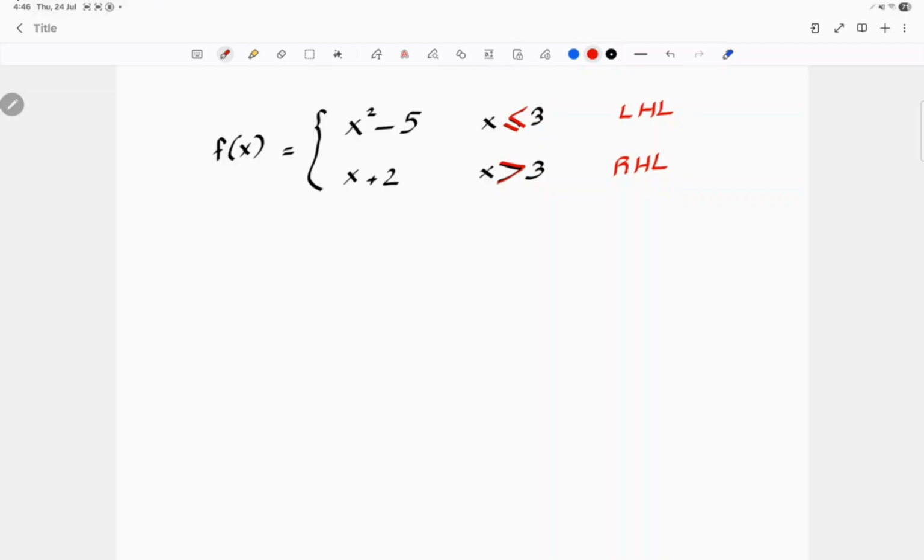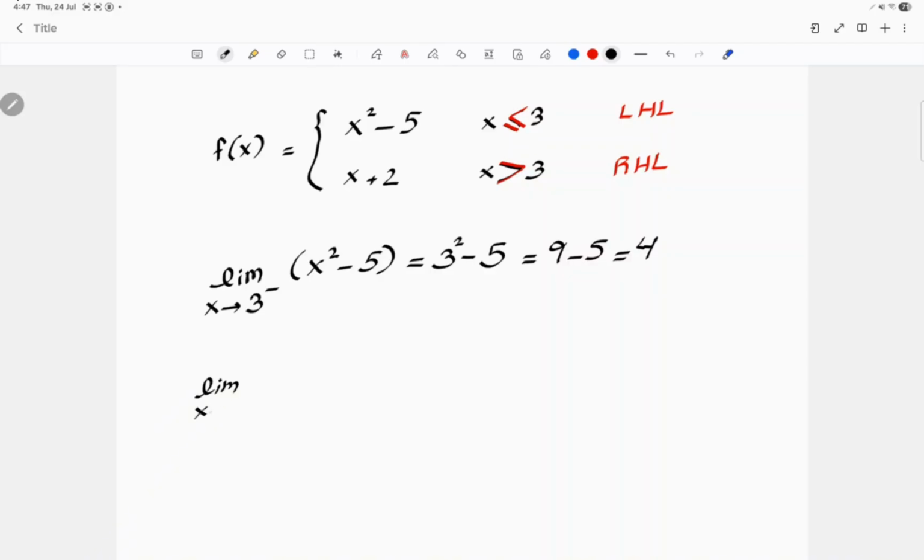So how does this work? I'm going to say limit of x approaching 3 from the left for x squared minus 5 is equal to. Okay, you see, what I will do is I will simply replace the x with a 3. So I'm going to say 3 squared minus 5, which equals 9 minus 5, which equals 4.